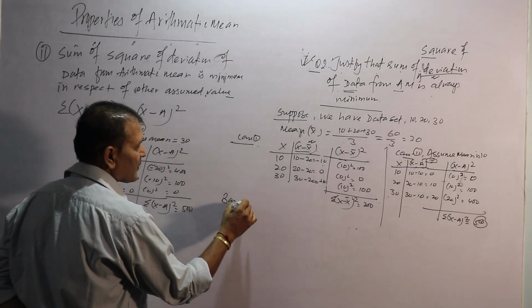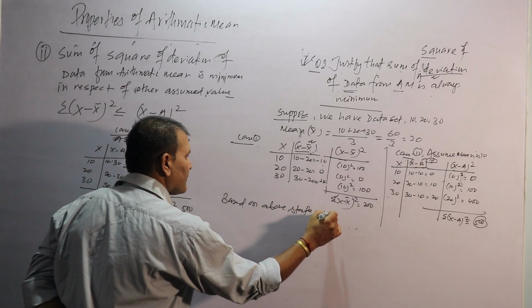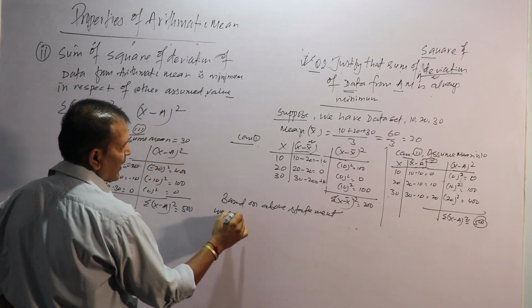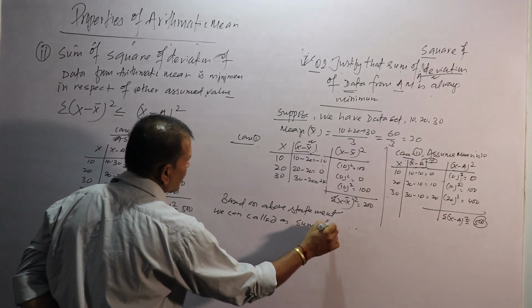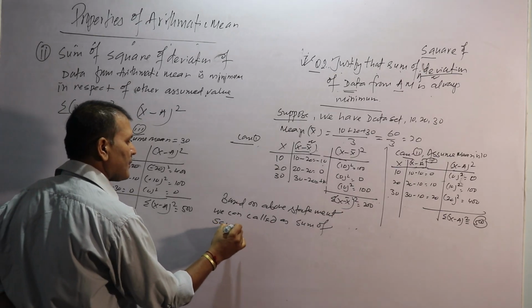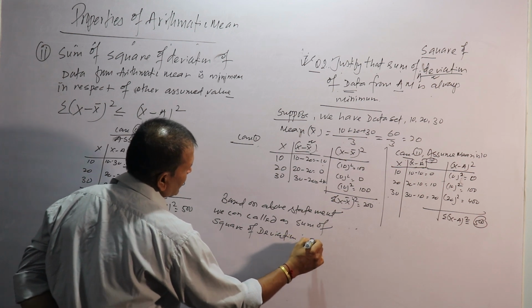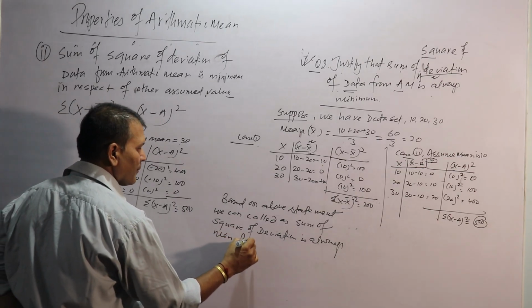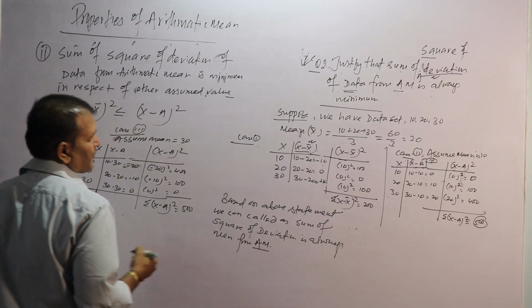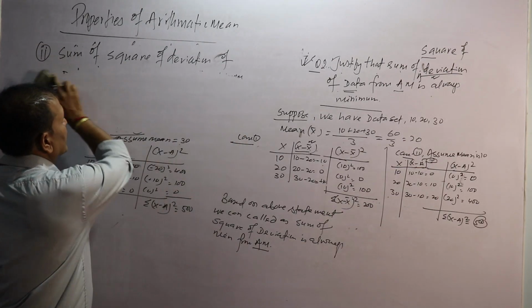So based on the above statement, we can say the sum of squares of deviation is always minimum from arithmetic mean. If the question asks, you can write it like that. So feature number three.